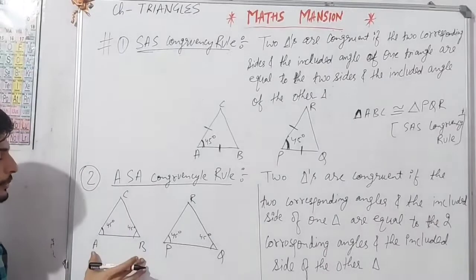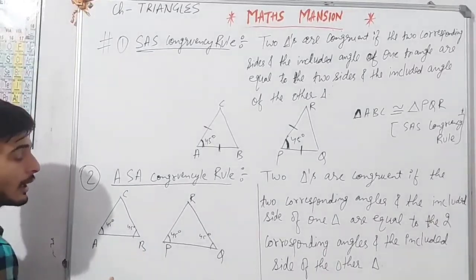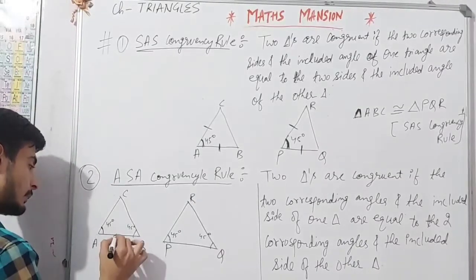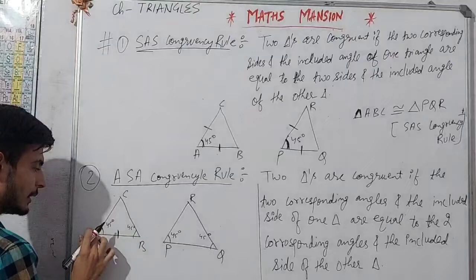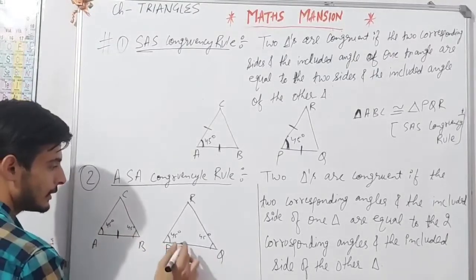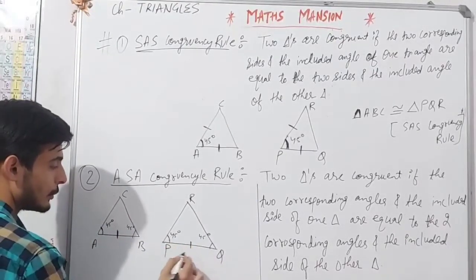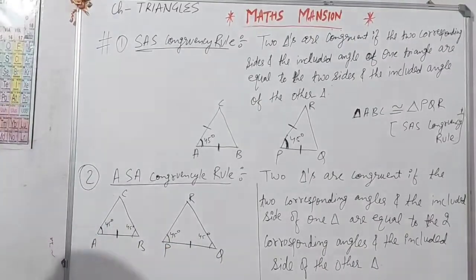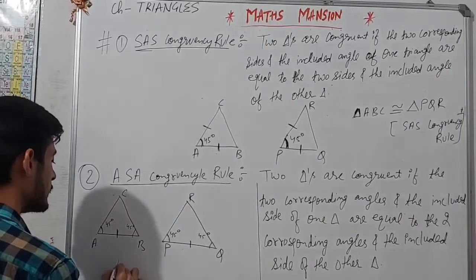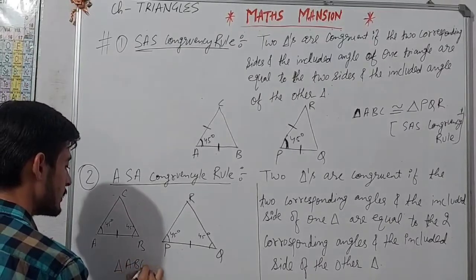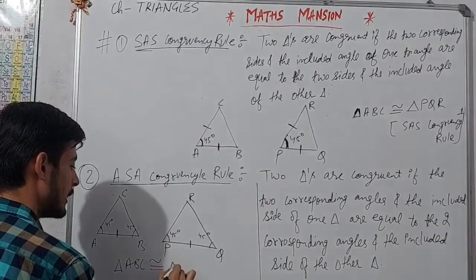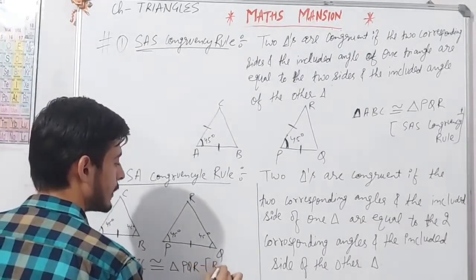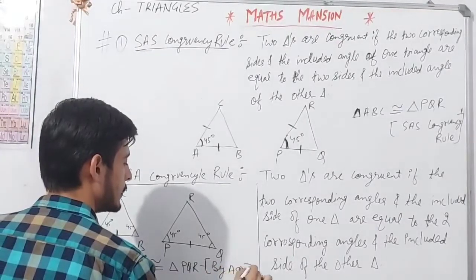If the two corresponding angles of one triangle are equal to the two corresponding angles of the other, and also the included side PQ between angle P and Q are also equal, then we can say that triangle ABC is congruent to triangle PQR by ASA rule.